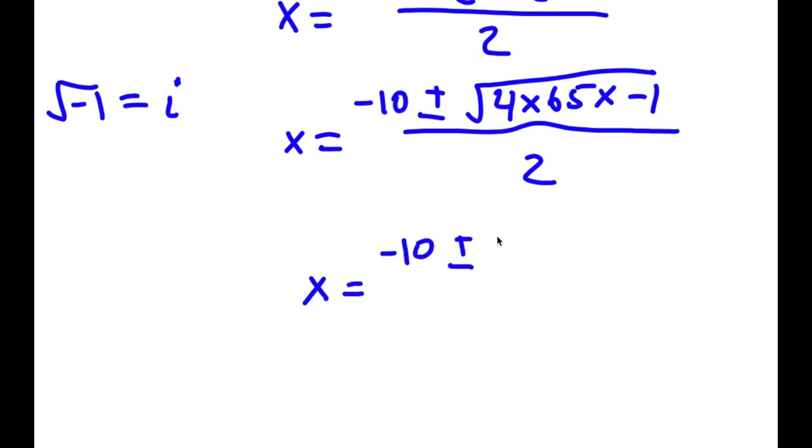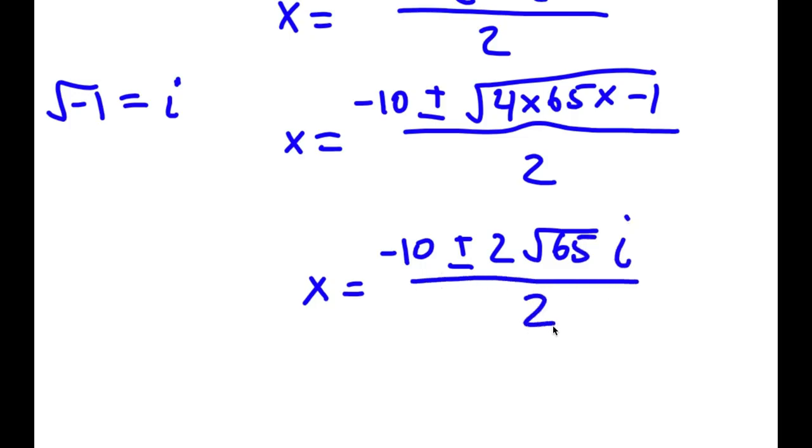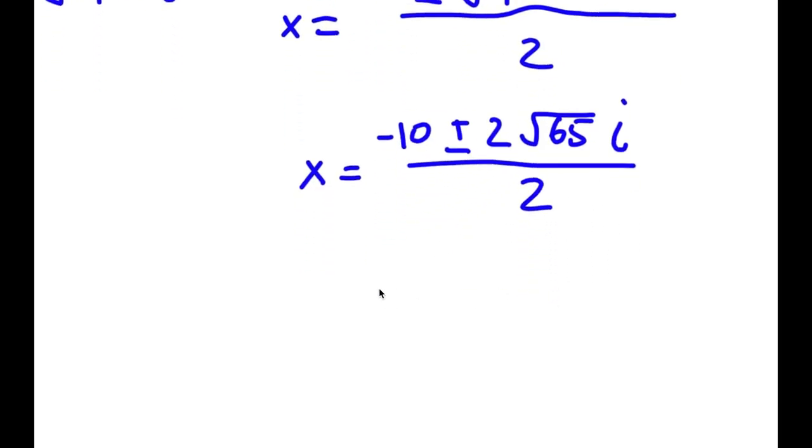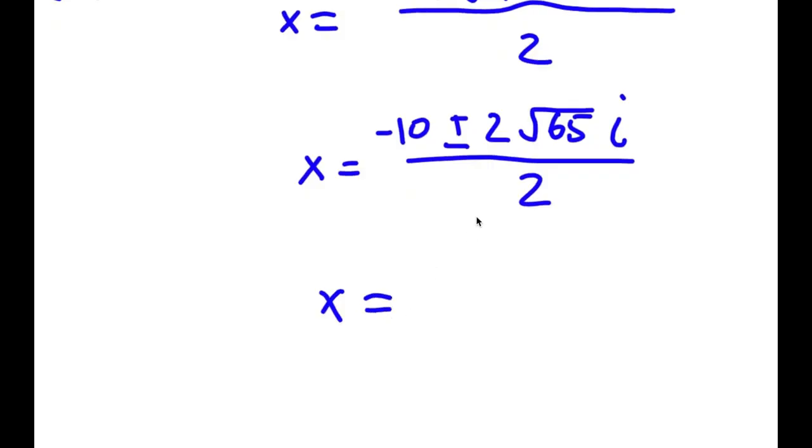Now the square root of 4, that's 2, so I can just put that on the outside, and I have the square root of 65 times i. And we have this over 2. Now, negative 10 divided by 2 is negative 5. So negative 5 plus or minus, 2 divided by 2 is 1, so these two simply cancel out, and I have the square root of 65i.